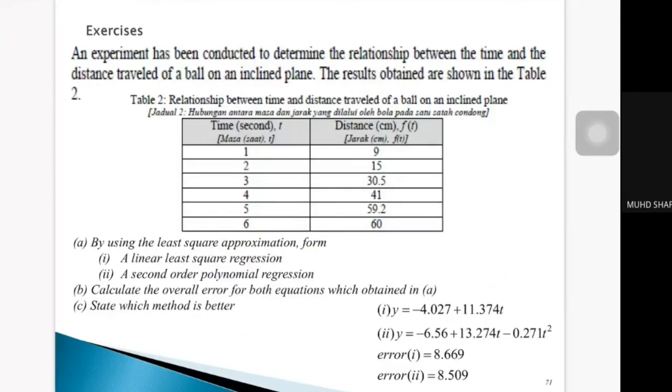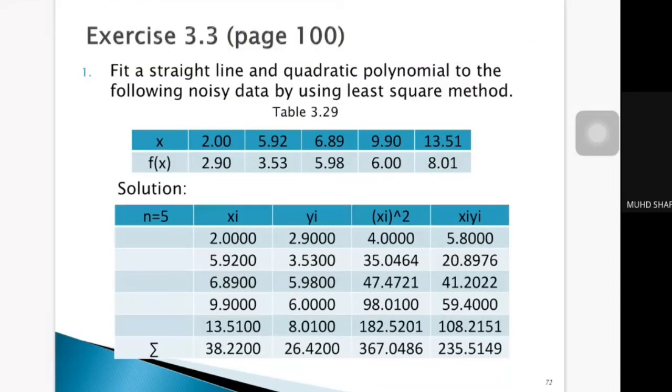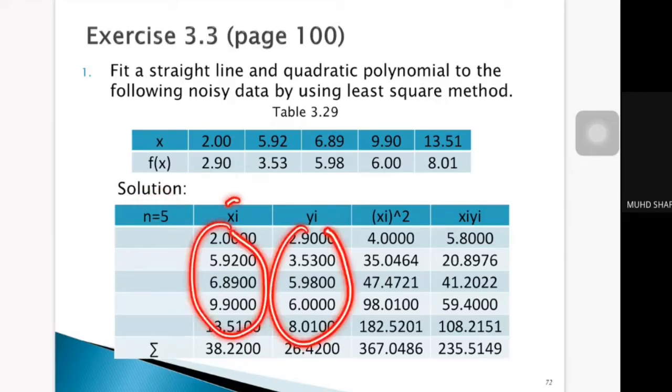Okay, so this is another exercise. You can try later. This is the given answer. Fit a straight line and quadratic polynomial to the following noisy data by using the least squared method. Okay, so you have 1, 2, 3, 4, 5 data, so n equal to 5. This is the value of your x and this is your y.